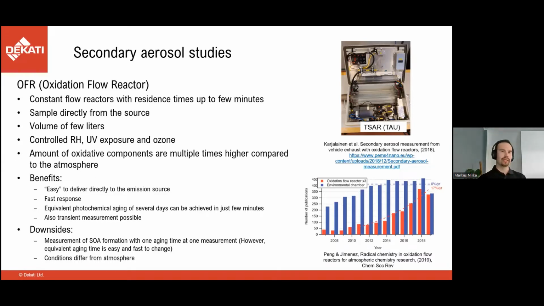So you can take the sample directly from an emission source or wherever you want to sample from. The actual reactor volume is only a few liters typically. You also have controlled humidity, UV radiation and intensity, and ozone concentration in the reactor.